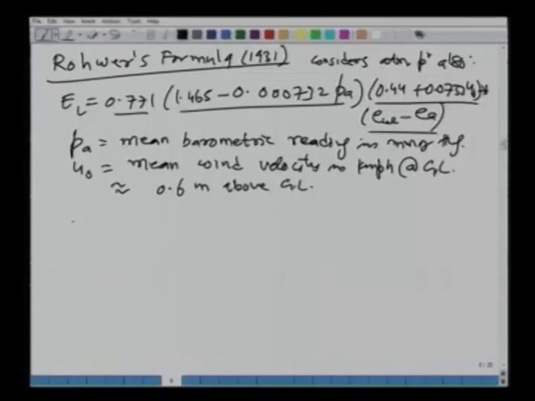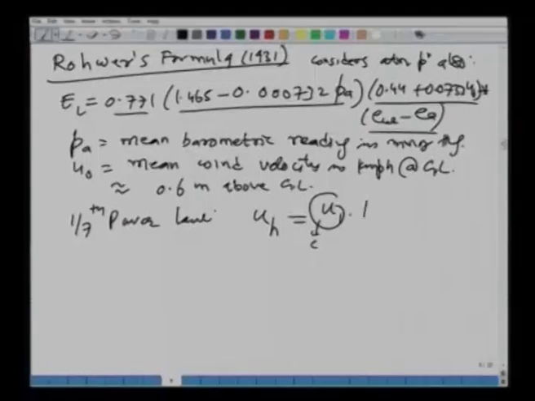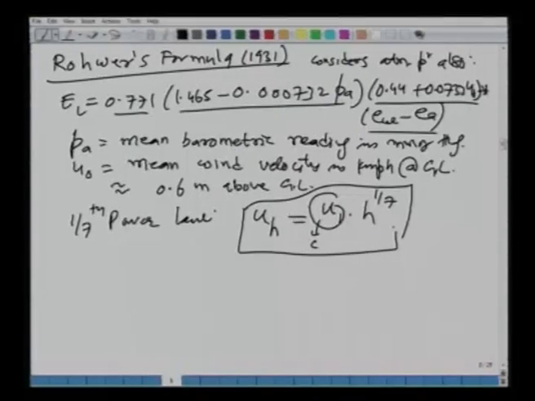Okay. So, I am going to give you what is called a 1/7 power law. It gives the wind velocity at any height h as a function of wind velocity at height 1, which is a constant actually in this equation C, times h to the power 1/7. This is actually called the 1/7 power law. So, if you have the wind velocity at any height, you can find out its value at any other height.